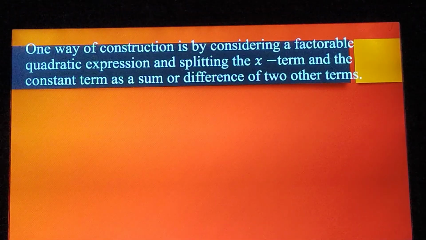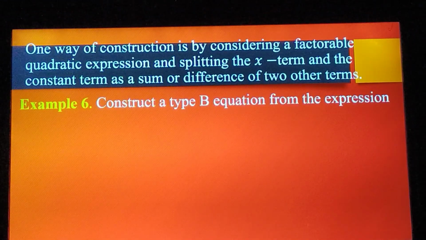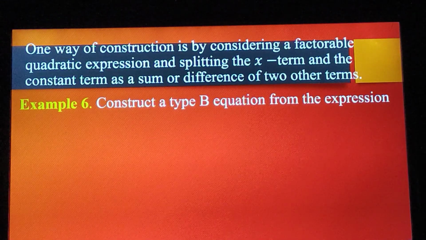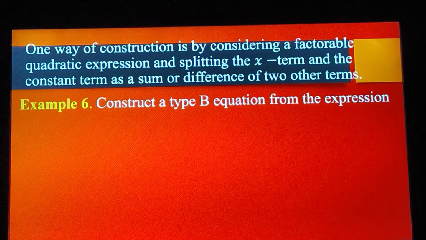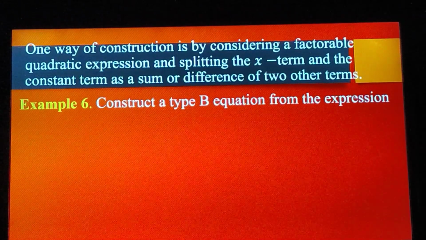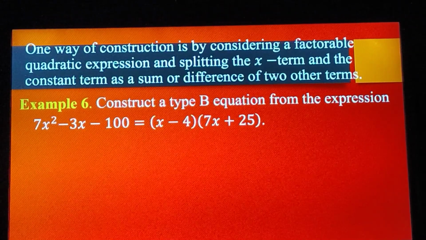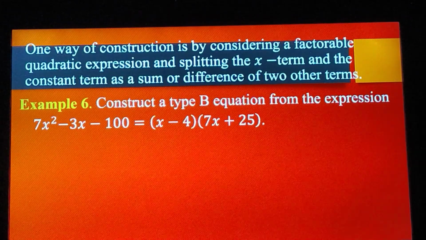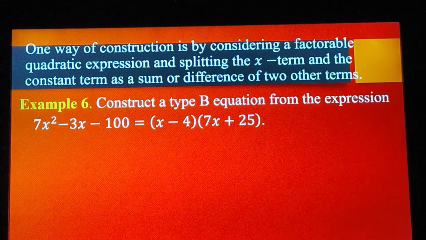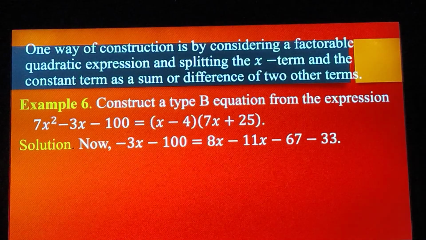One way of construction is by considering a factorable quadratic expression and splitting the x term and the constant term as a sum or difference of two other terms. Example, construct a type B equation from the expression 7x squared minus 3x minus 100 equals x minus 4 times 7x plus 25.